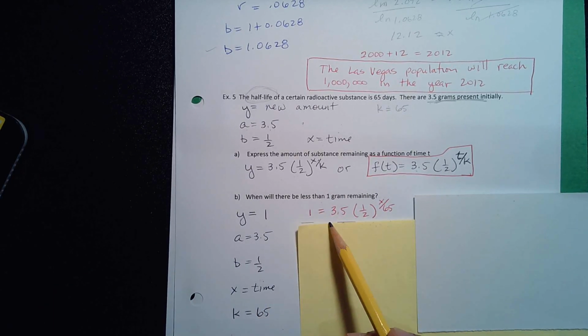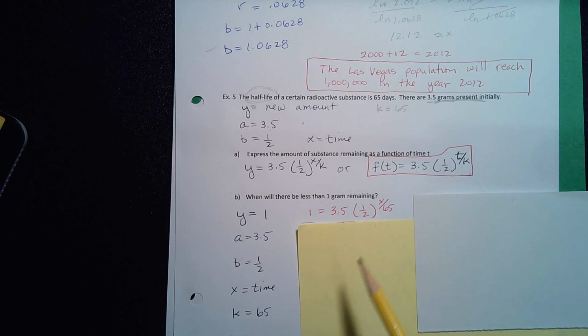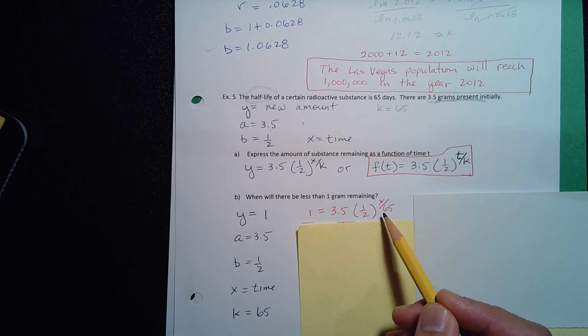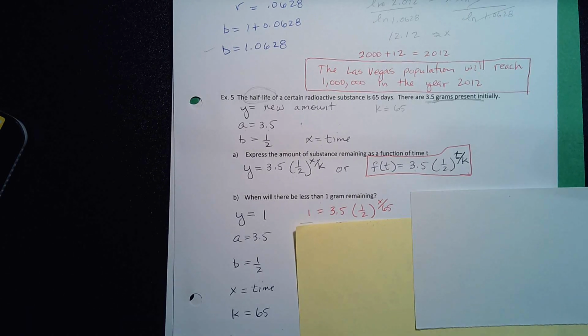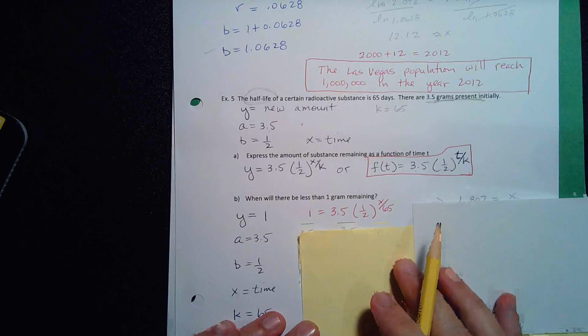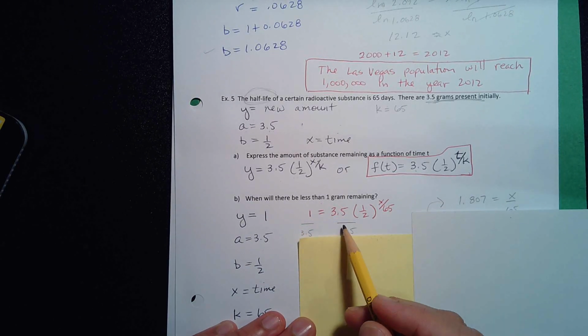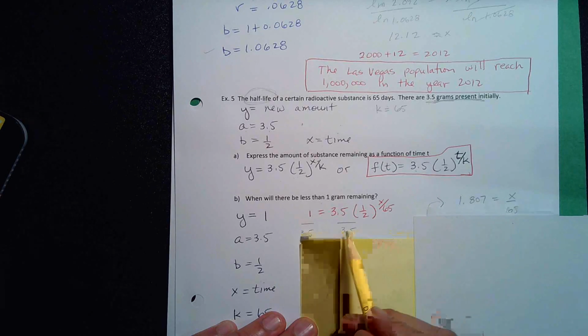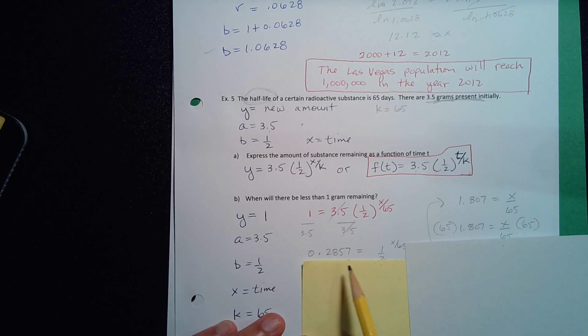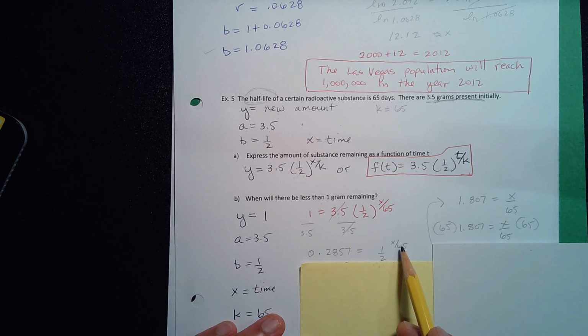So 1, 3.5, 1/2, 65. We notice that there's a variable in the exponent. So what I have to do is log both sides. First I divide by 3.5 on both sides. This is now 0.2857 equals 1/2 to the x over 65.